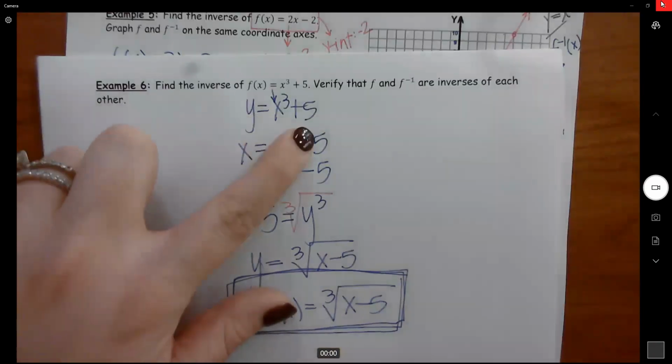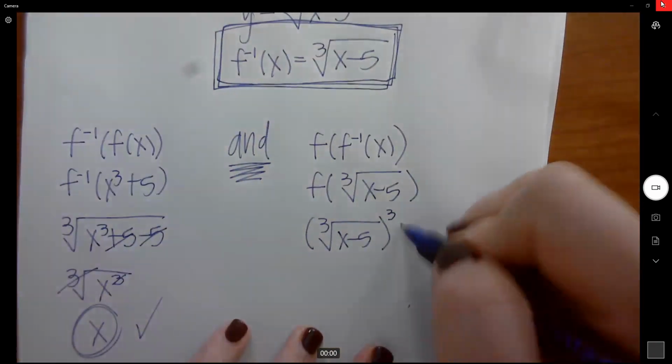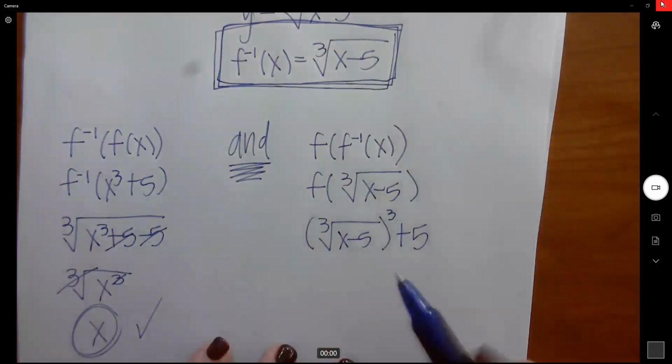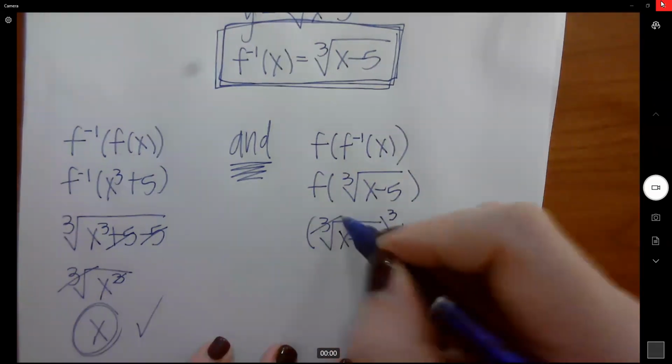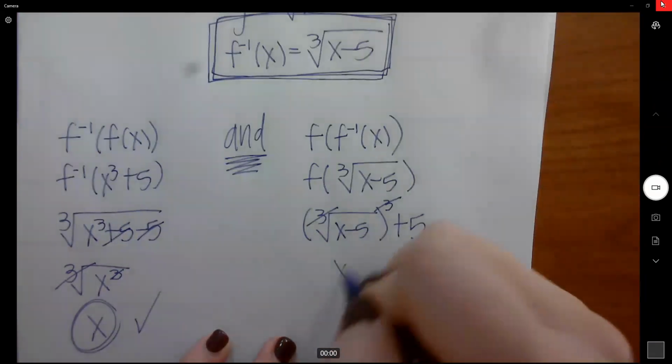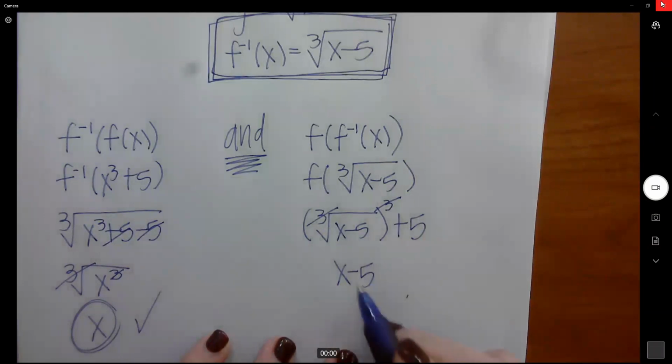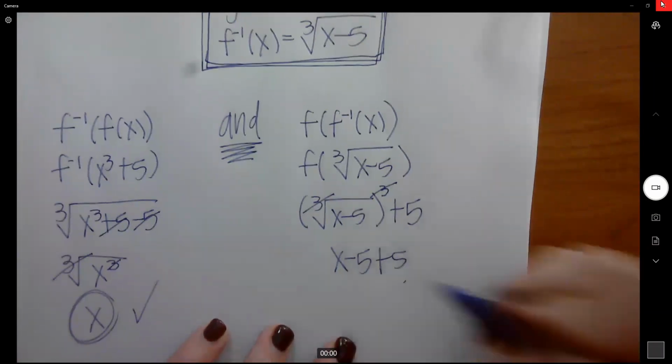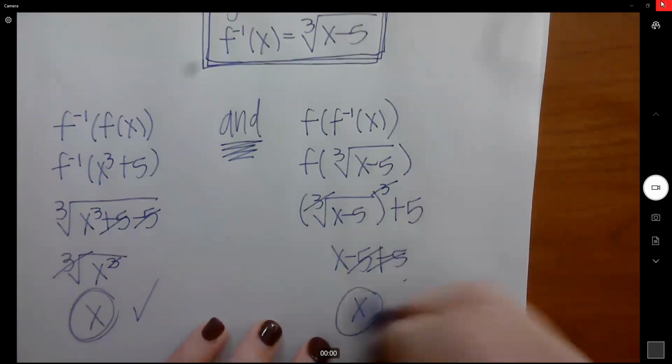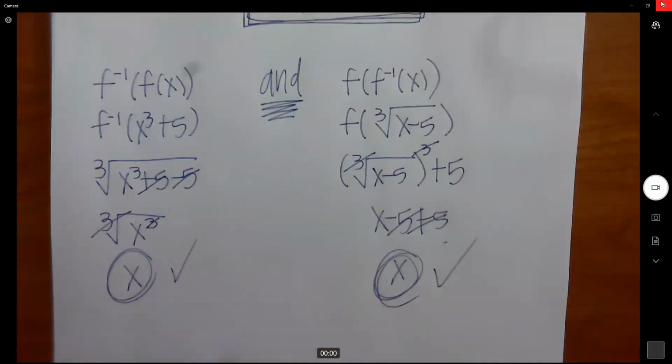That's this portion here, then plus 5. Again, the cubic root and cubed cancel. I have x minus 5 and then plus 5 on the outside. Cancel. And we have another x. So those are not only inverses of each other, but they're verified inverses of each other.